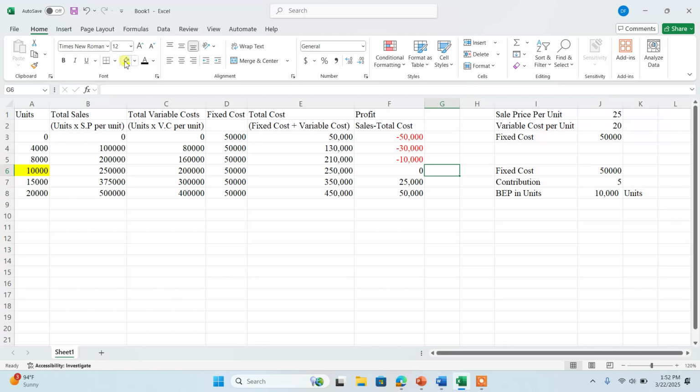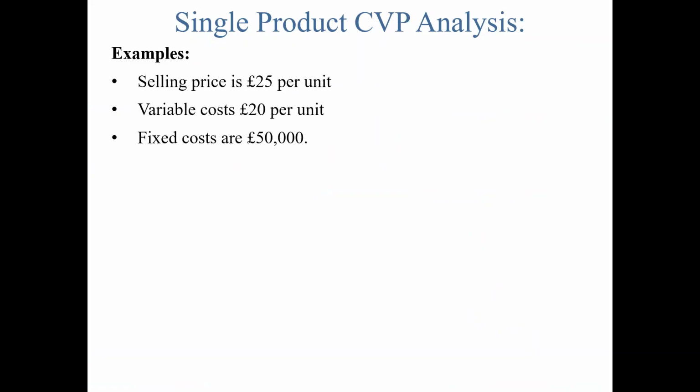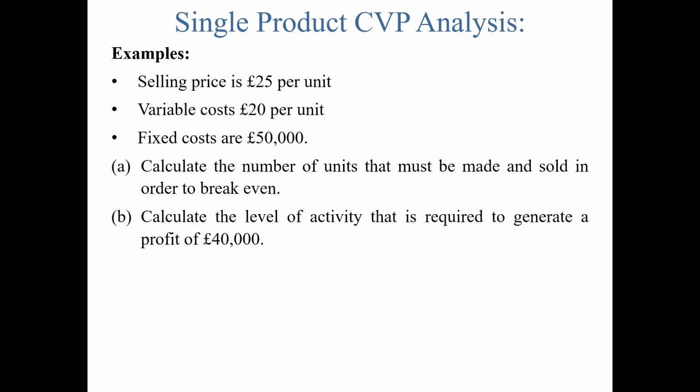Now let's check the second requirement. The second requirement was that I have some desired or targeted profit, which is 40,000. The question arises: how many units should I produce to reach the 40,000 profit?